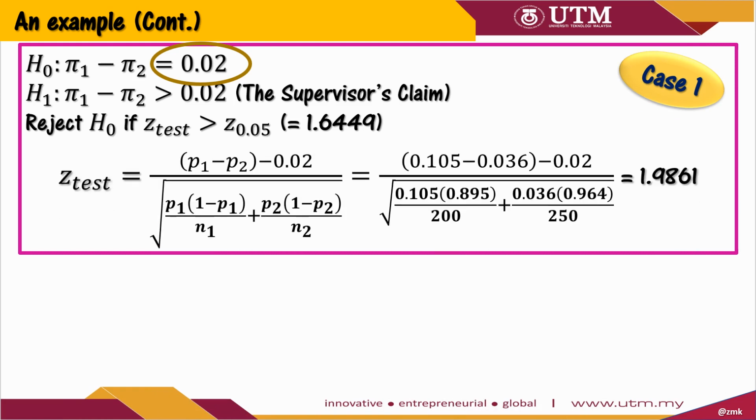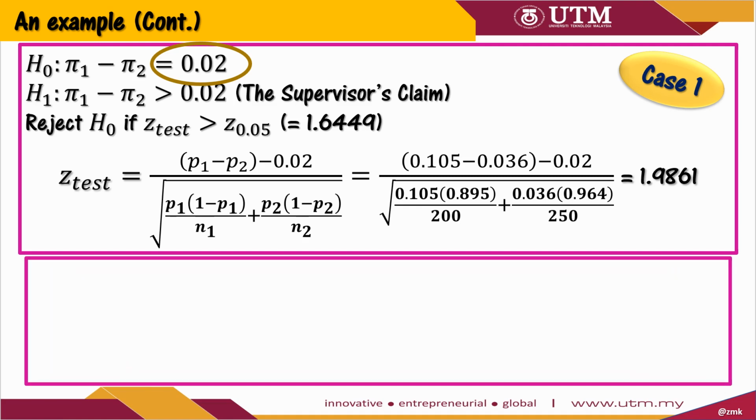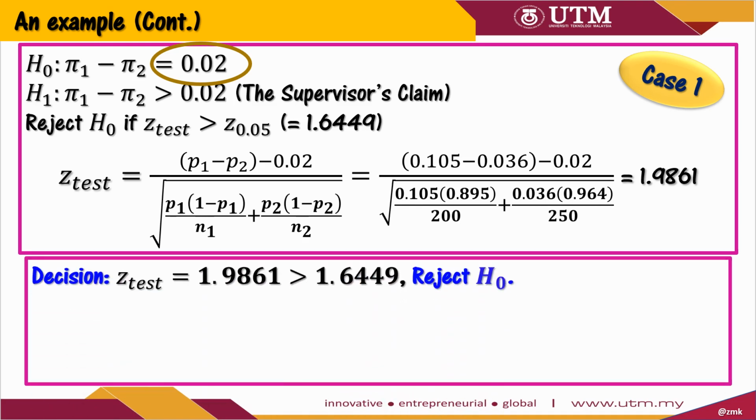You may check that the value of the z-test statistic in this example question is 1.9861. What can we decide then? By comparing the z-test value and the right-sided critical value, we can see that the z-test value is greater than 1.6449.